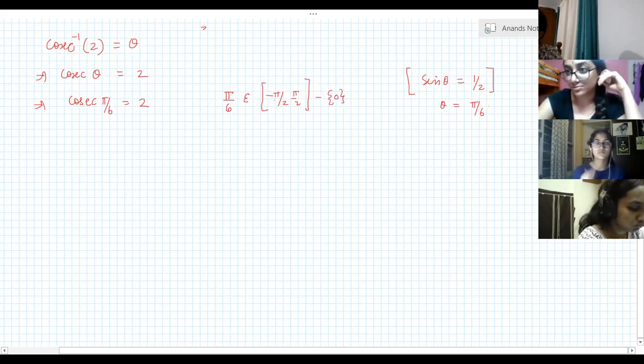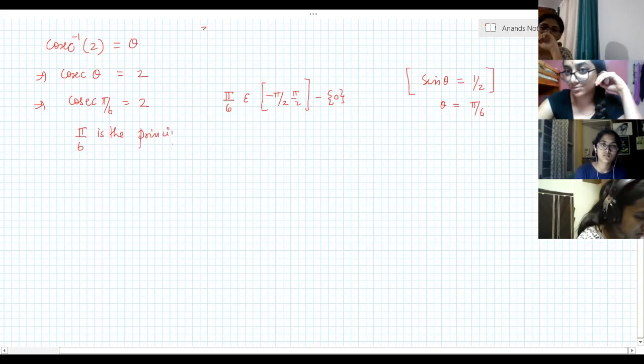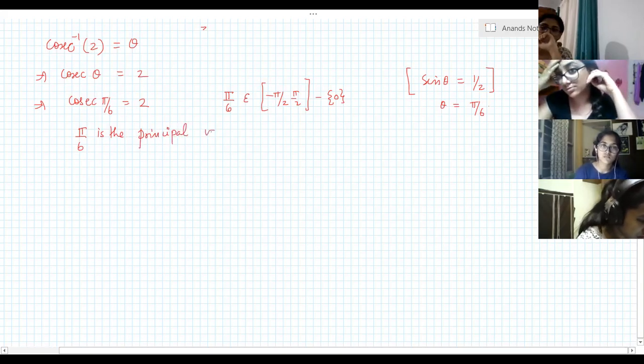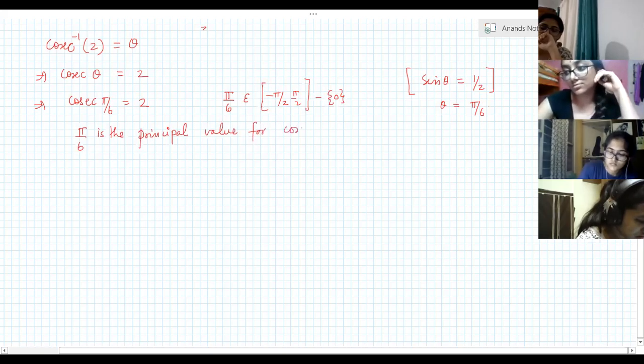And pi by 6 is like 30. I'm just telling you in the mind. It is between minus 90 and 90, right? So no issues. So we say that pi by 6 is the principal value for cosecant inverse 2.